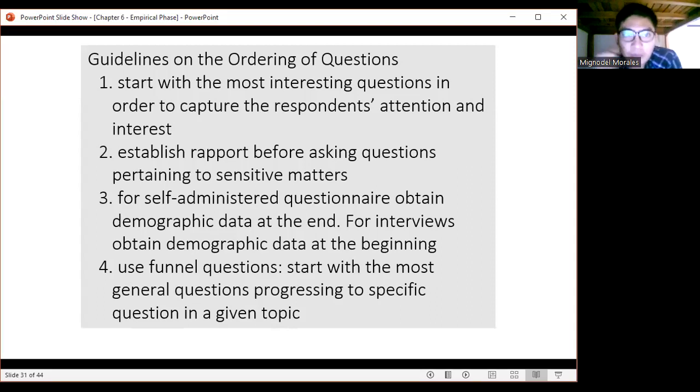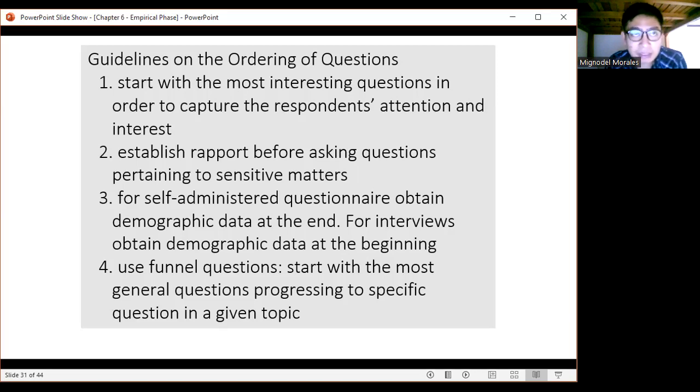So, establish rapport before, start with the most interesting questions. So, kumustahan, di ba? Then establish rapport before asking questions pertaining to sensitive matters, no? So kailangan maganda yung transition from kumustahan to data gathering. For a self-administered questionnaire, obtain demographic data at the end. For an interview, obtain the demographic data at the beginning.